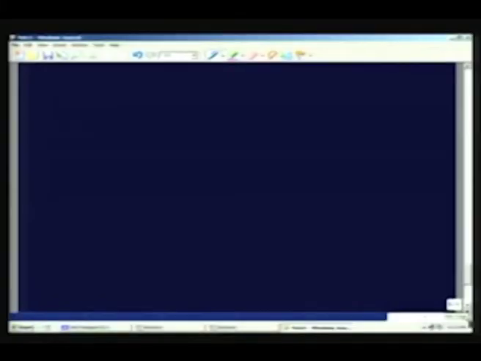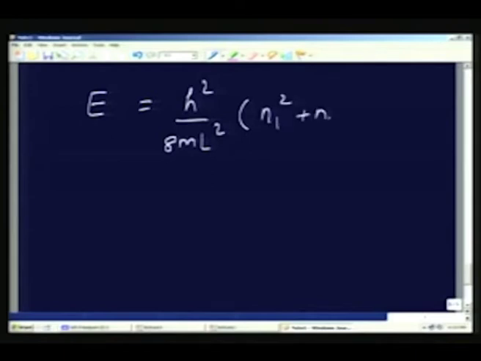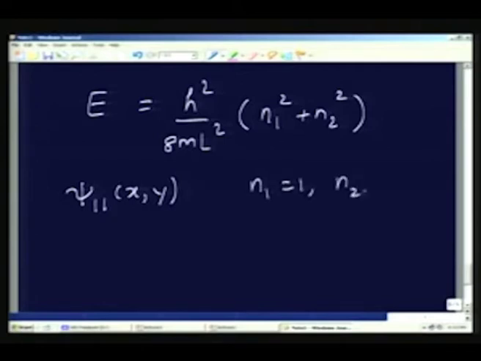What is the other important consequence? Let us write the energy level expression once again. E is h square by 8 m L square times n1 square plus n2 square. For psi 1 1 of x comma y, the quantum number n1 is 1, n2 is 1.